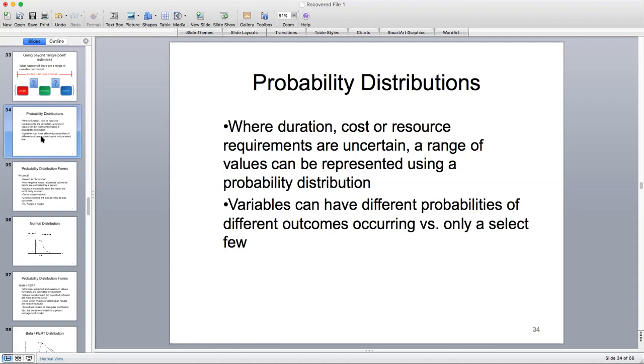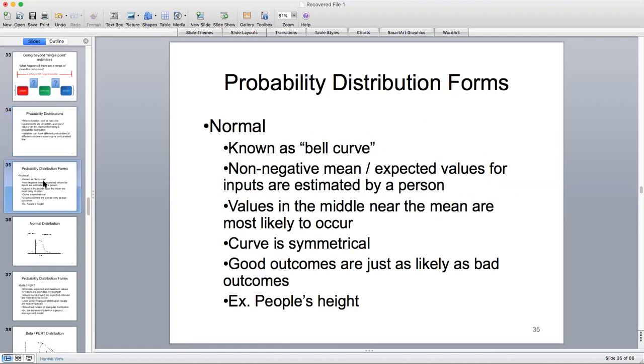And if you're wrong, you could be wrong within a range of values. And that is called a distribution. So different variables that you're using in your analysis and your estimates have different probabilities of occurring. So because of that, we use probability distributions. And in the PMBOK, most of the time, most of the examples use a normal distribution, otherwise known as a bell curve.